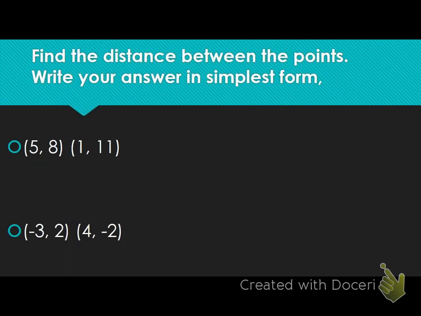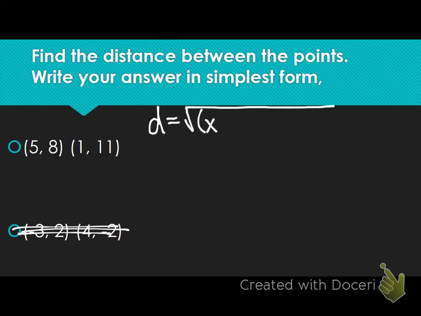Okay, so distance, we're only going to do the first one. I want to give you a minute to try to remember the distance formula before I give it to you. All right, we'll find the distance first. The distance formula is D equals square root x2 minus x1 squared plus y2 minus y1 squared.